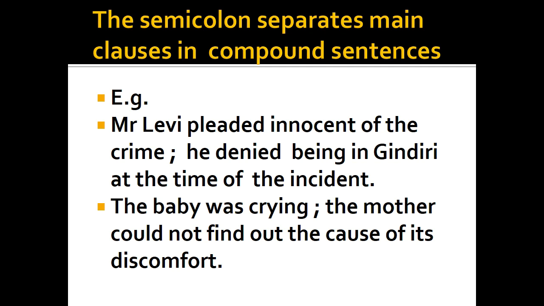This one too is similar. We have two clauses here separated by a semicolon. You can see that in these two sentences, we can equally use the coordinating conjunction to join them together, but where it is absent, we can use the semicolon.